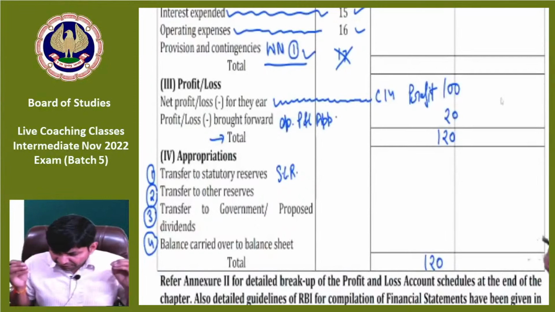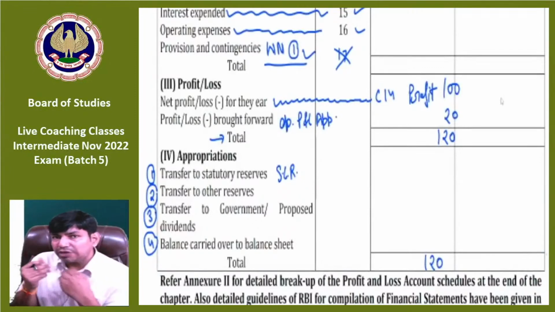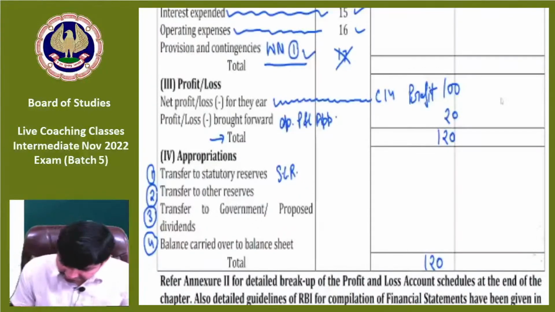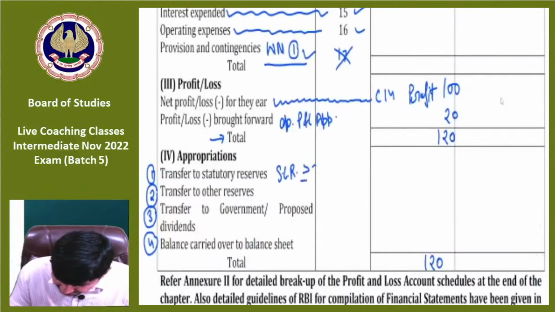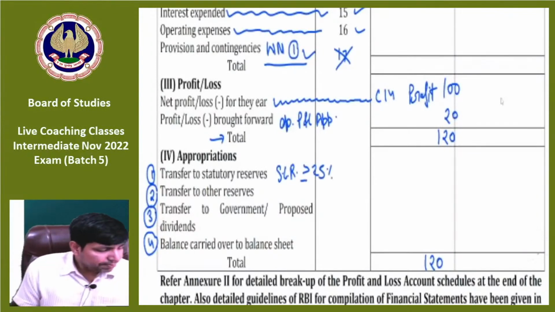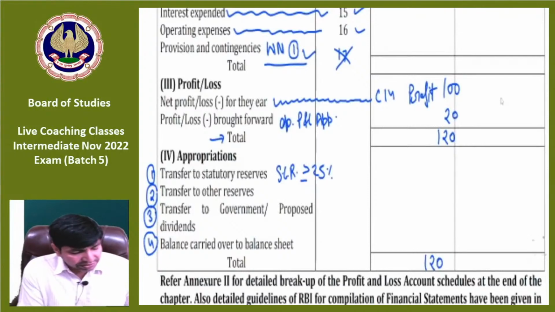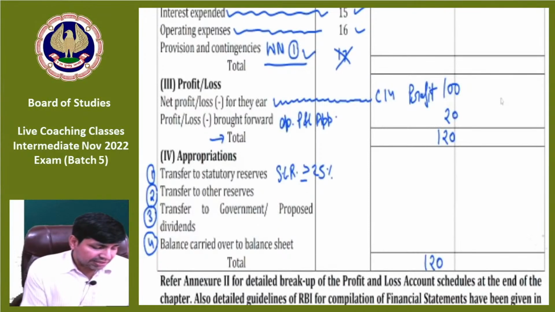If we want to maintain continuity, then we have to keep our profit for future purpose, and SLR says at least 25% of profit the bank has to maintain in statutory liquidity form. Statutory liquidity form means the bank has to maintain the funds in liquid assets. SLR, statutory liquidity reserve, it is called.